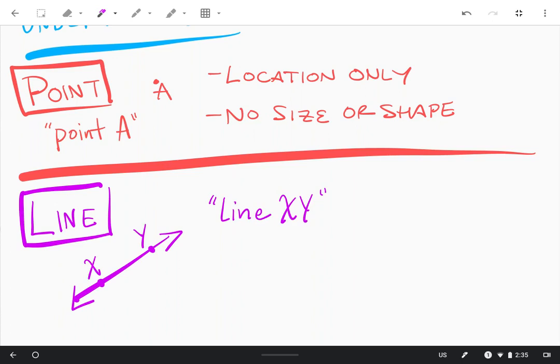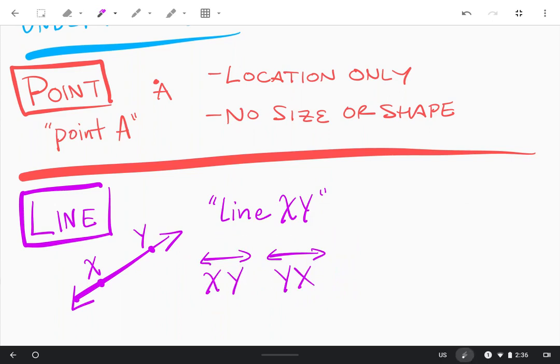And if I wanted to notate it, I would notate it as one of two things, either line XY with that symbol that you see there, or I could also call it line YX. So I should go ahead and point out that the two that you see there, XY and YX, refer to the same line that you see here, as does this written out version.